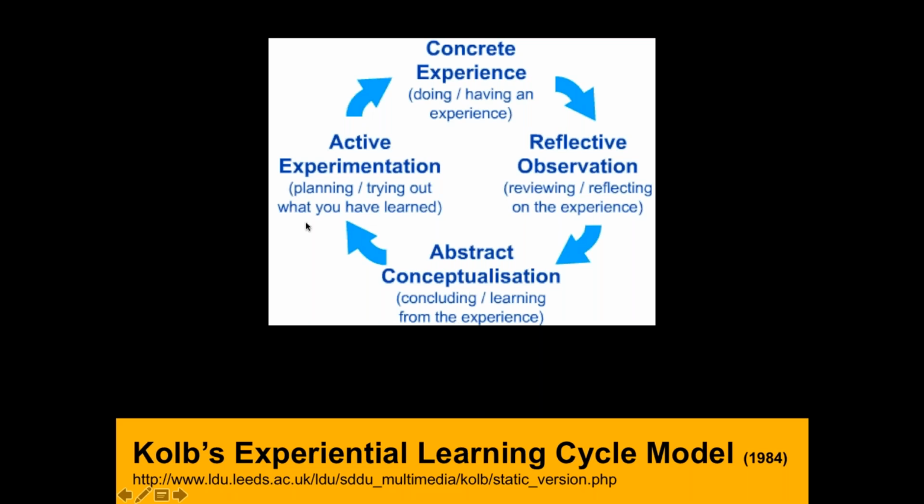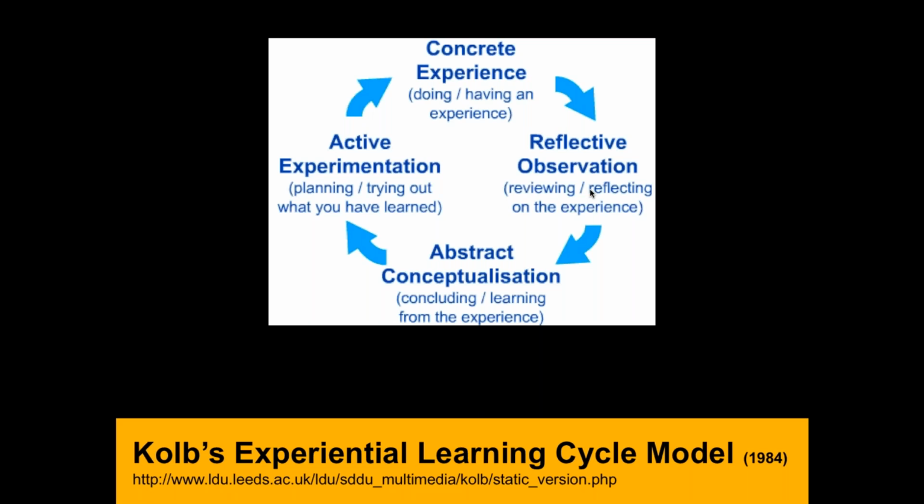So there is an abstract conceptualization, and then through active experimentation, that is planning and trying out something that you have learned, the students gain concrete experience. So we're going from an abstract conceptualization, do some experiments, try out something hands-on, and then gain concrete experience with it, and then reflect on the experience that is gained. Reflection is also an important aspect in software engineering, is what we've noticed, and it is also done a lot in the industry.